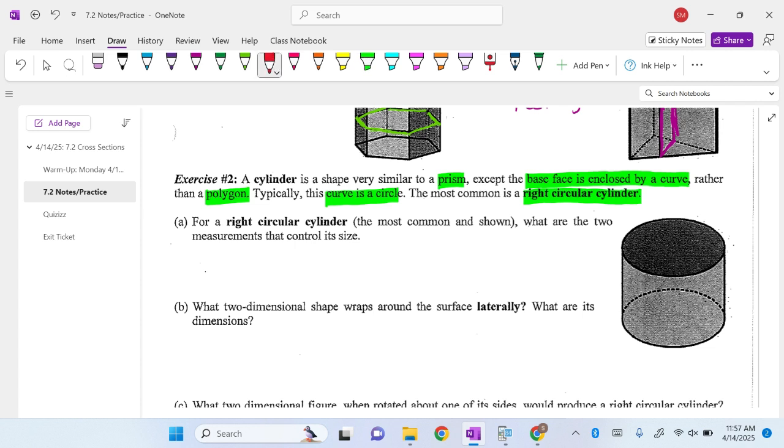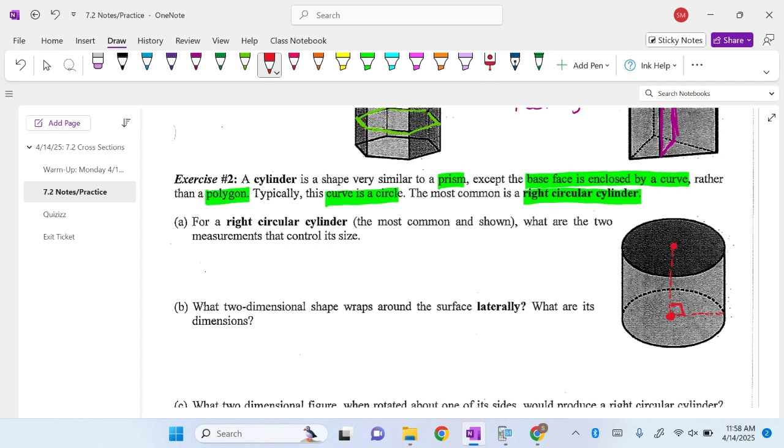And it is a right cylinder because if we went from center to center of both circles, which should be the exact same spot, and then you took the radius of one of the circles, the radius would form a right angle. That's why it's a right cylinder.